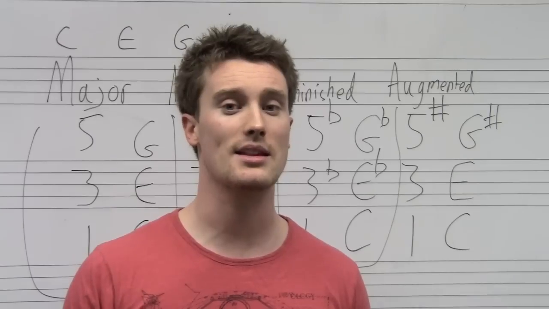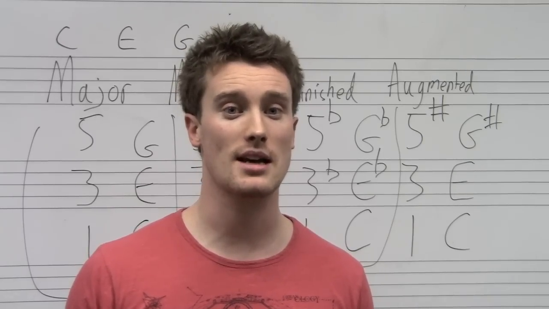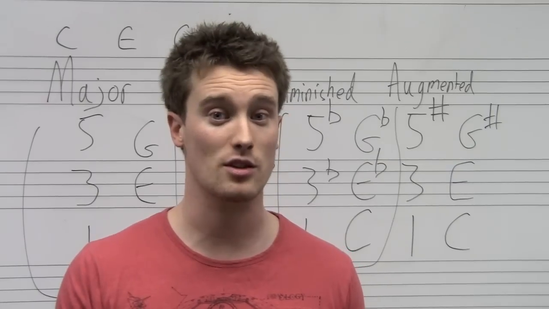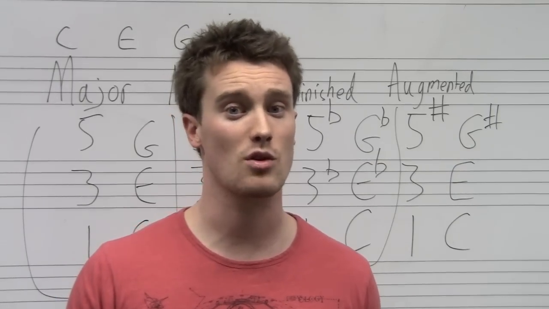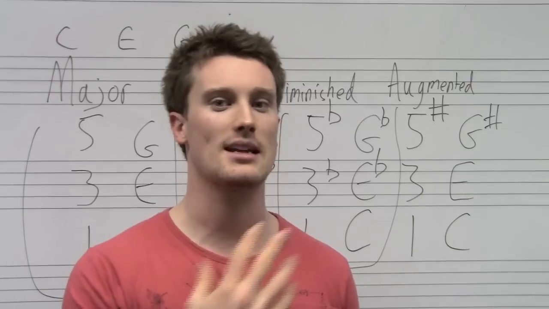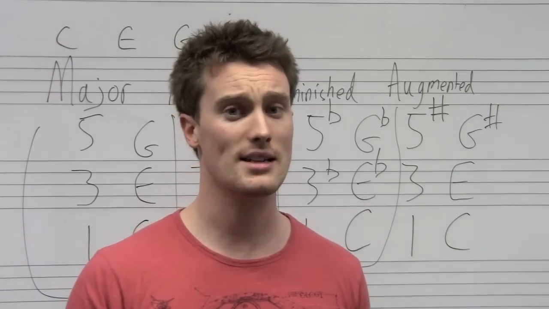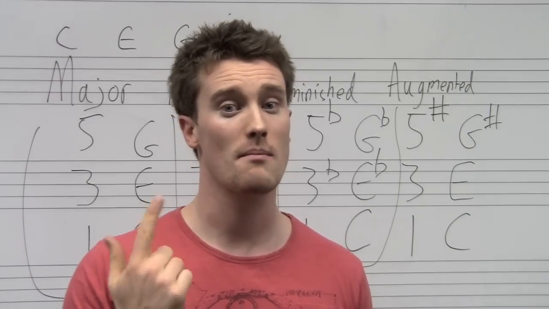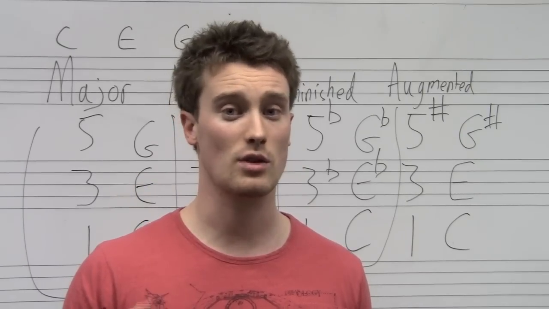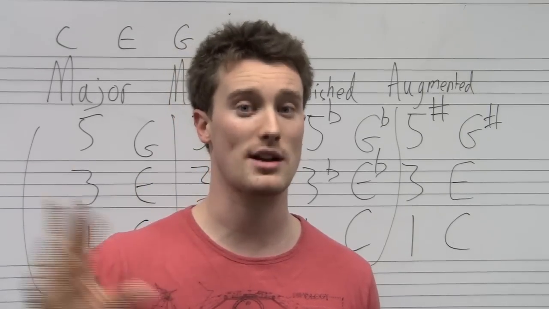Once you understand this, you will understand what notes are going to work for solos over these particular chords, and you build onto 7th chords, 13th, 11th, 9th, and so on. It all comes back to understanding this knowledge. So if you don't understand how to make a major, minor, diminished, or augmented, watch this video until you get it, or leave a comment, because everything branches out from there.